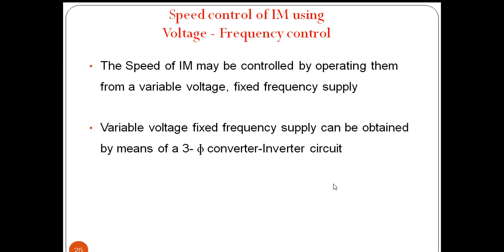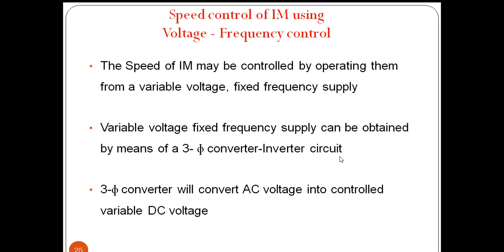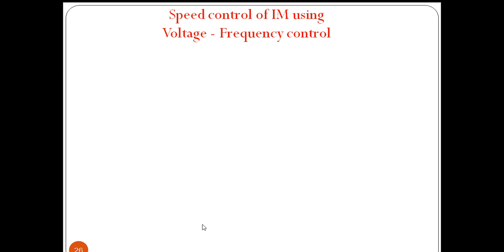Speed of induction motor may be controlled by operating them from a variable voltage fixed frequency supply. The variable voltage fixed frequency supply can be obtained by means of a three-phase converter inverter circuit. The three-phase converter will convert AC voltage into controlled variable DC voltage.